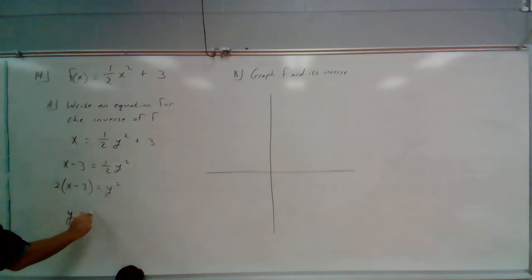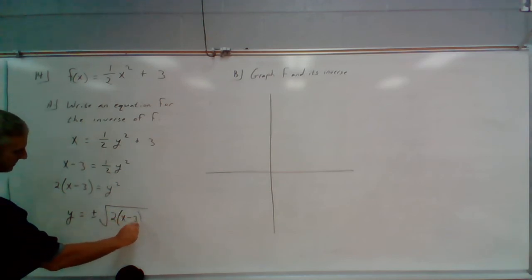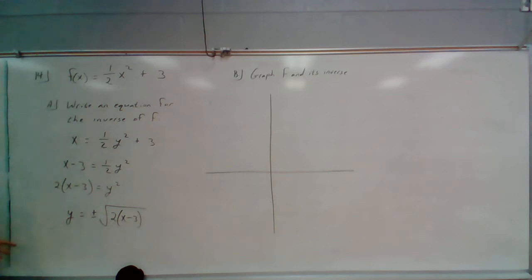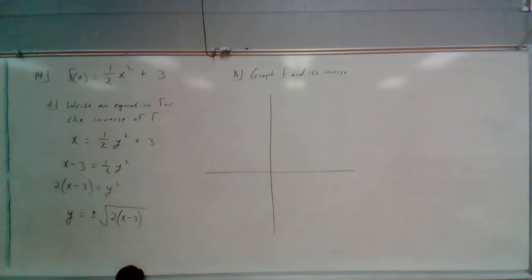Remember, I will get two solutions, so y equals plus or minus the square root of 2 times x minus 3. The first thing to notice is this is not a function, because if I plug in an x, I'll get out two different values for y. And of course, f is not one-to-one, because it's a parabola. So since this is not one-to-one, its inverse can't be a function.